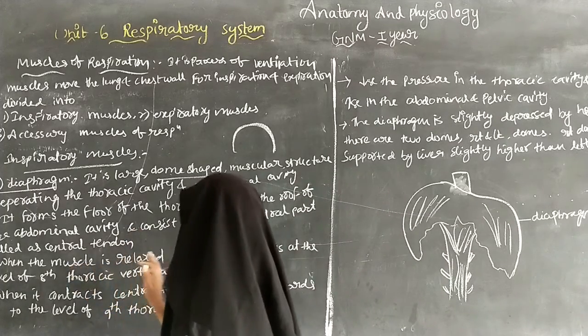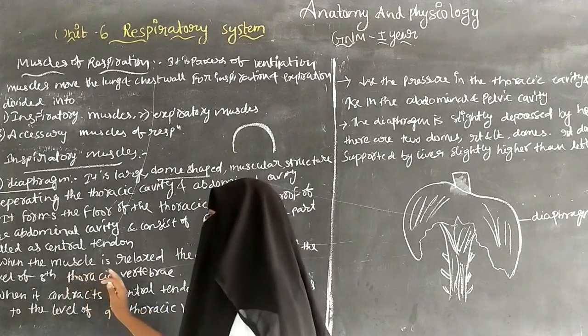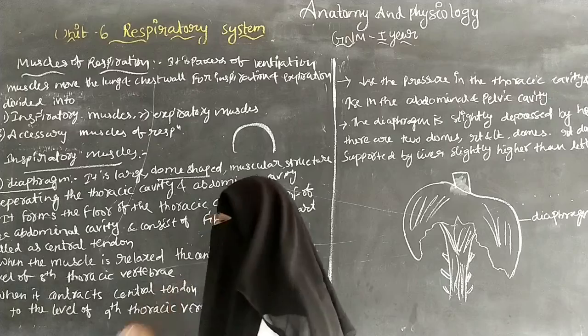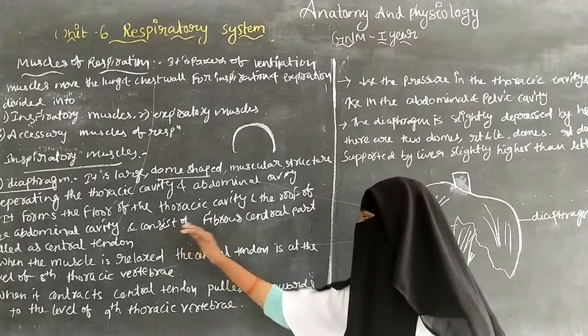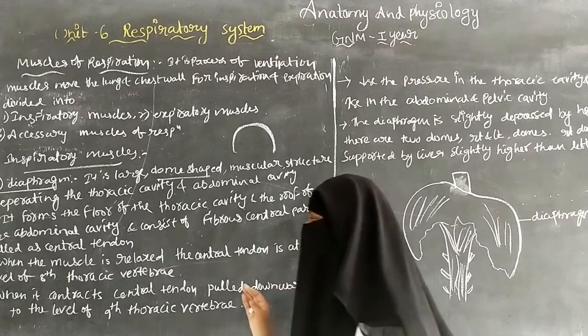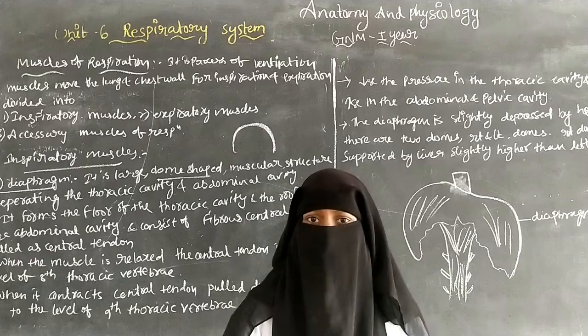When the muscle is relaxed, the central tendon is at the level of the 8th thoracic vertebra. There are 12 thoracic vertebrae.